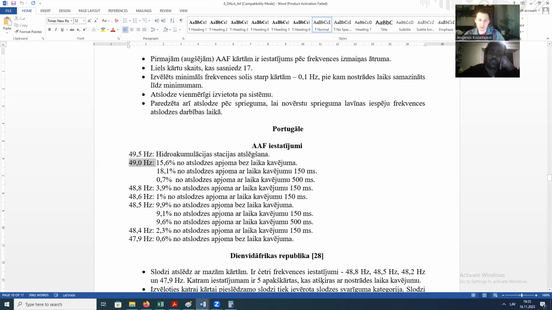In this set point, at the beginning they disconnected 15.6% of consumers. After 150 milliseconds they disconnect more, 18.1%, and in 500 milliseconds 0.7% as well.